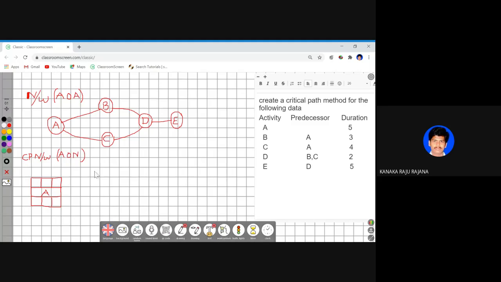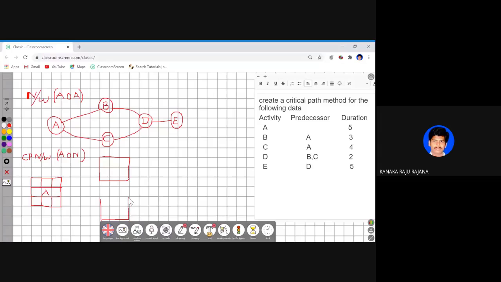Similarly, plot B. Now I am going to plot my B activity. Let us say this is my B activity, and let us assume that this is my C activity.